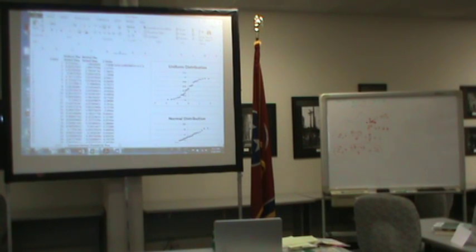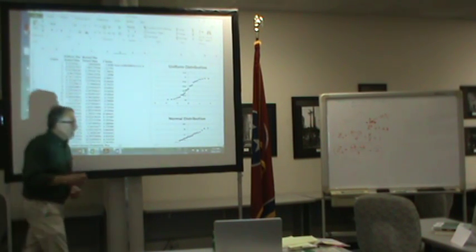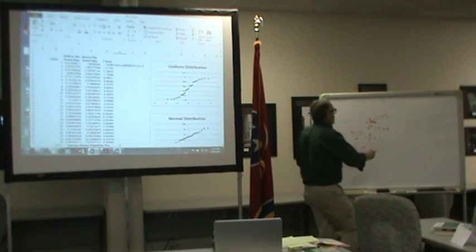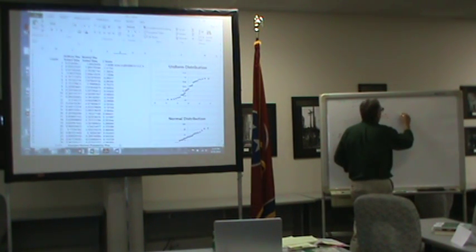If I had 9 data points, then the first data point should be in the first 10%, the second in the next 10%, and the next 10%.